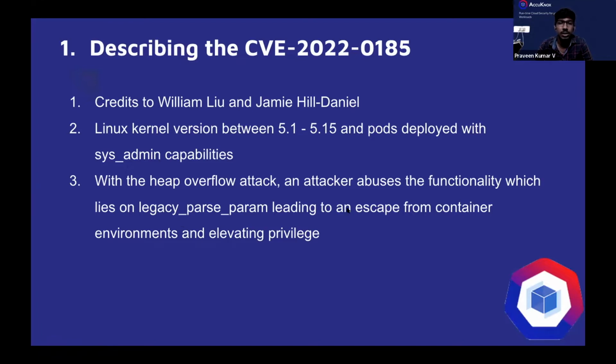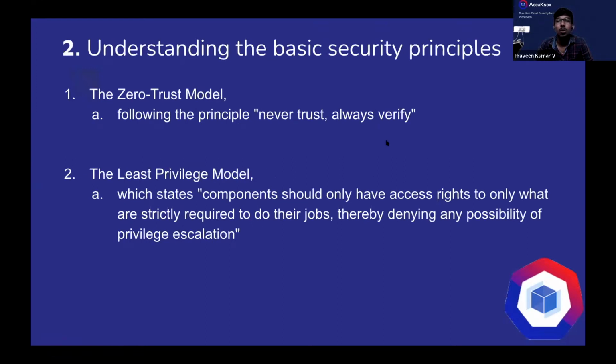So why do we need to go with the basic security principles? In Accuknox also, we follow two base models. One is the zero trust model, then the least privilege model. Zero trust means that, in a production or development environment, we never trust anybody: never trust, always verify.